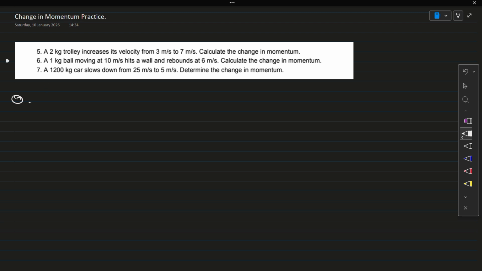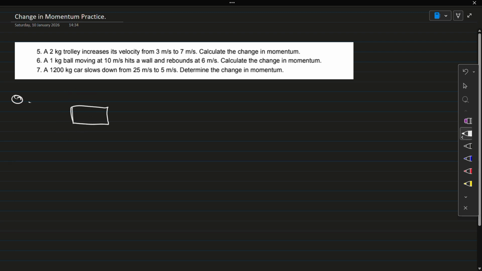Number 7 says, a 1,200 kilogram car slows down from 25 meters per second to 5 meters per second. Determine the change in momentum. We have a car. Let's say this is our car. I'm going to assume it's going to the right because it's easy.